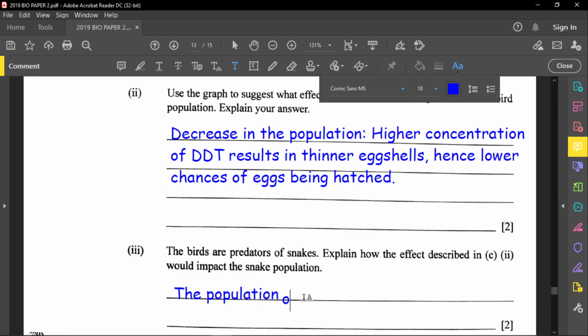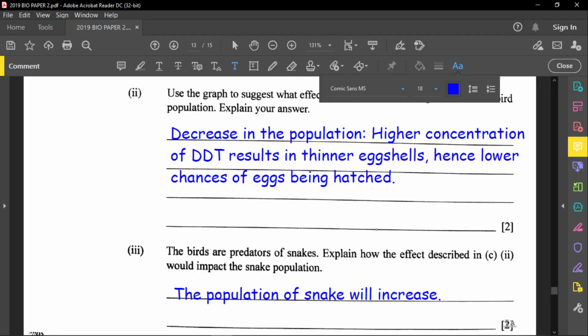So the population of snake will increase. All right, good. Now we have everything correct.